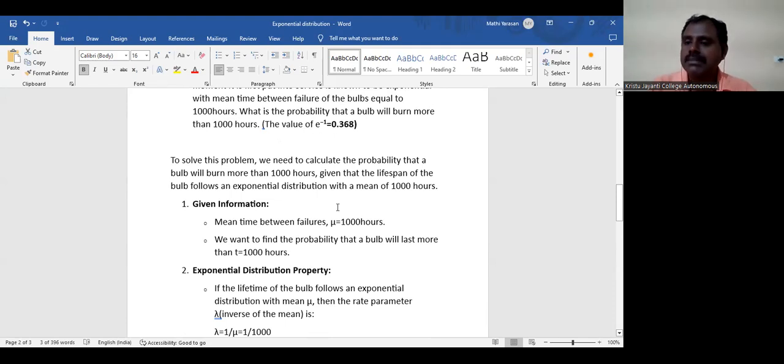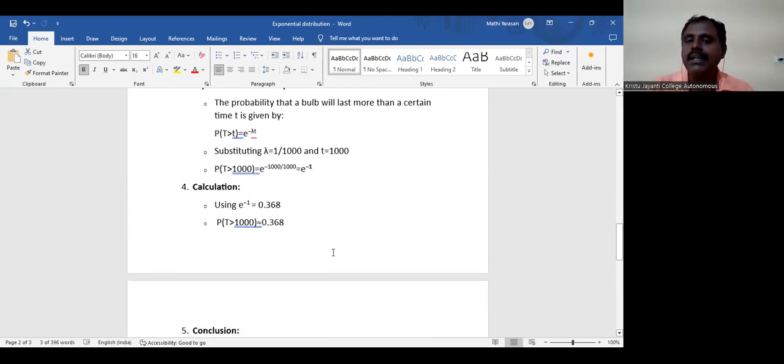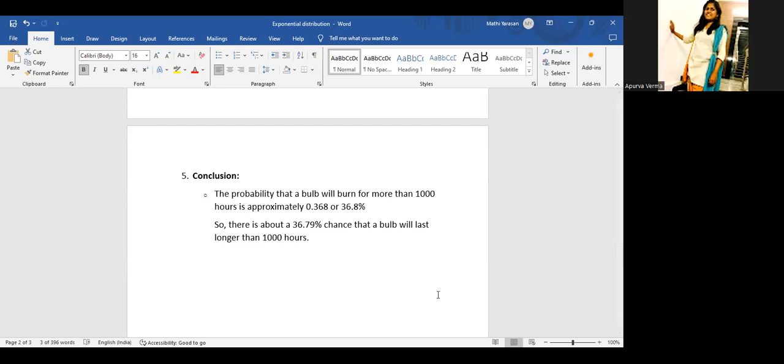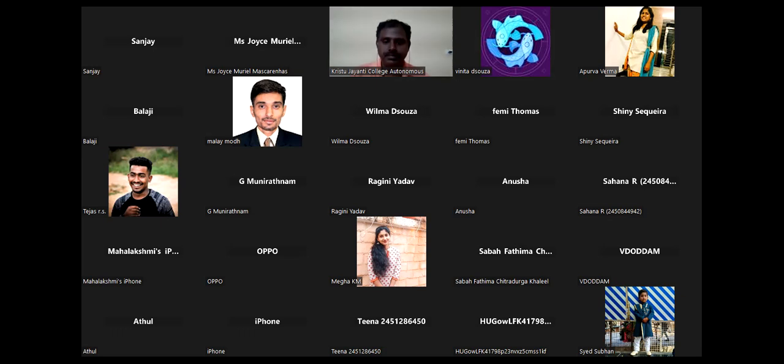So the exponential distribution table value will be specified directly in the question, and you can multiply that value with 100 to get the percentage chance. Is it clear? Yes. Okay.